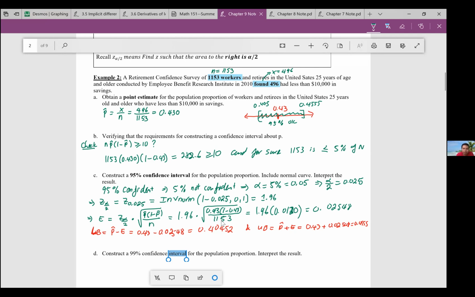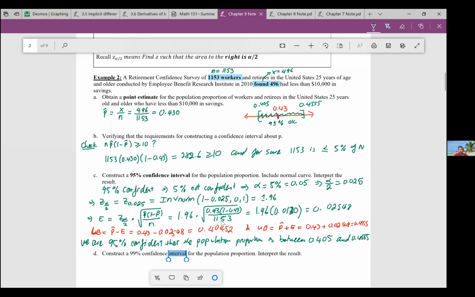Right, so the conclusion: we are 95% confident that the population proportion is between 0.405 and 0.455.